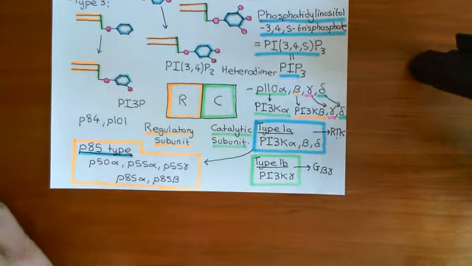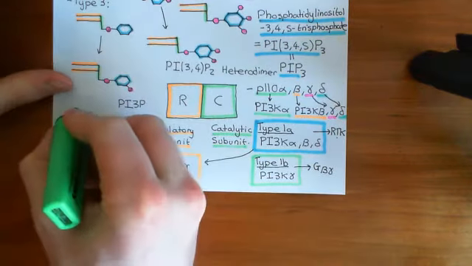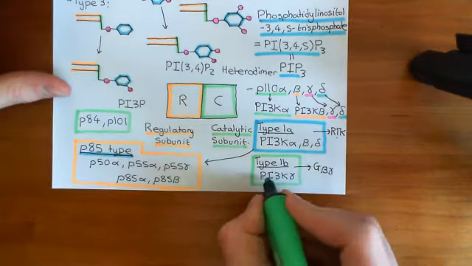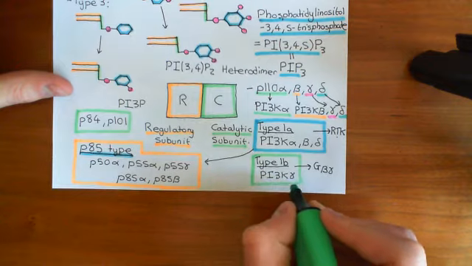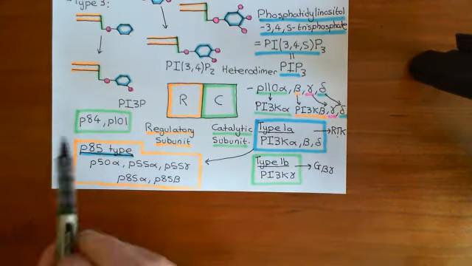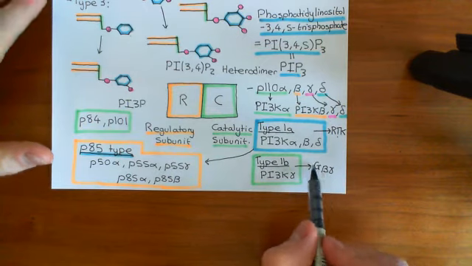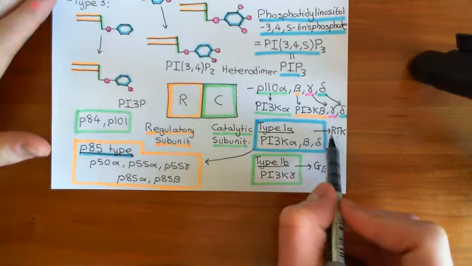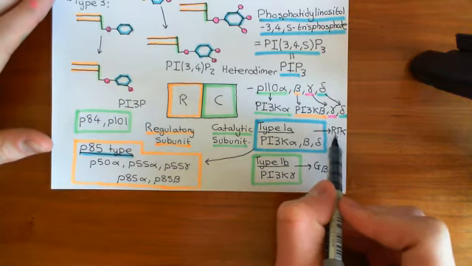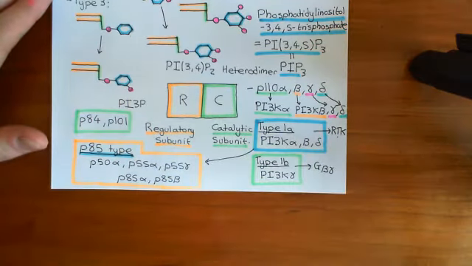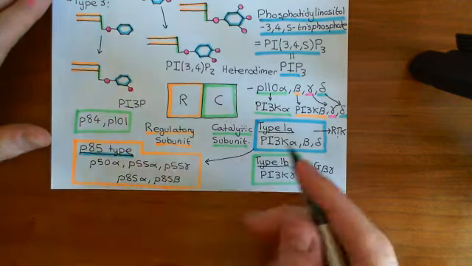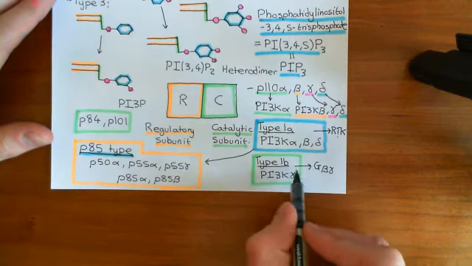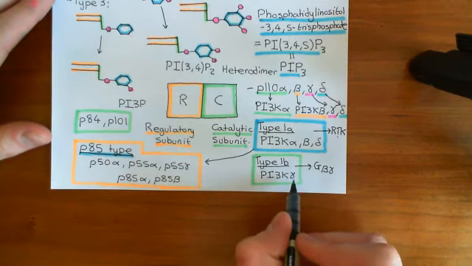So these are the regulatory subunits that can associate with P110 gamma to form a PI3 kinase gamma enzyme. But as I say, those will interact with G-beta gamma subunits of heterotrimeric G proteins rather than receptor tyrosine kinases, and we're specifically looking at this PI3 kinase AKT mTOR pathway, which has been activated by receptor tyrosine kinases, so we're not going to study the type 1b PI3 kinase enzymes any further.